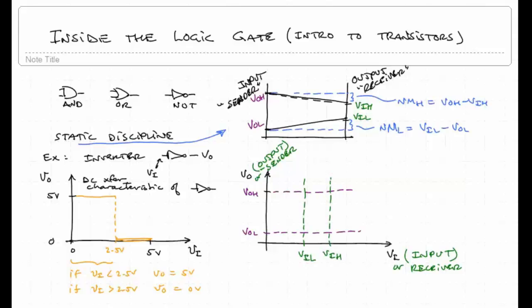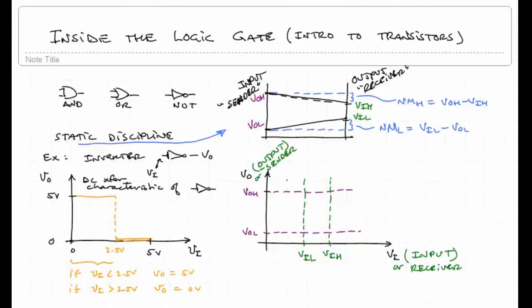Our inverter generally has this shape of going from high down to low as we increase our input voltage, but we don't know exactly how it makes that transfer for a particular inverter gate. However, if we're told that the inverter gate satisfies a particular static discipline, then we know the region in which that transfer characteristic must lie.